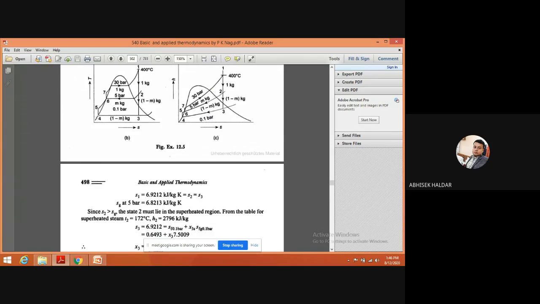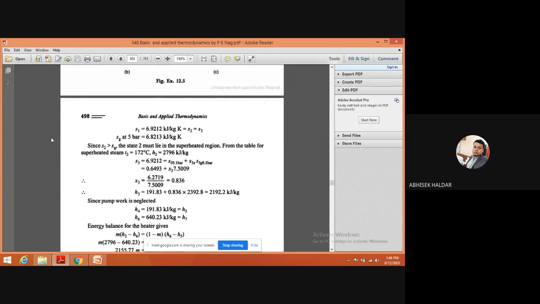H4 you can easily calculate from the steam table, and that value is nothing but H5. It is getting simplified if I neglect the pump work. Is this point clear? So you have to read the problem to see whether the pump work is neglected or not.